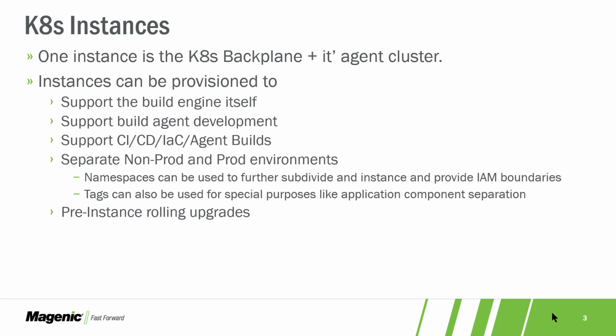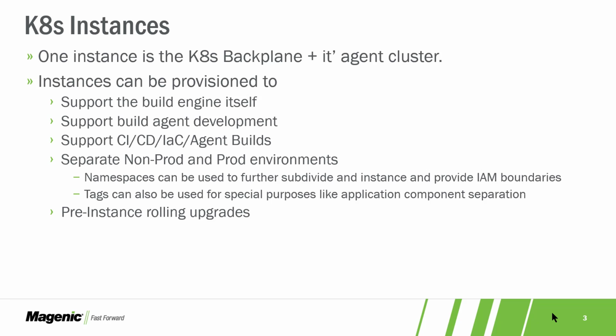So we have to define what an instance of Kubernetes is. An instance is an isolated, share-nothing backplane with other backplanes. That is, the backbone of Kubernetes is a whole collection of components that together form Kubernetes.